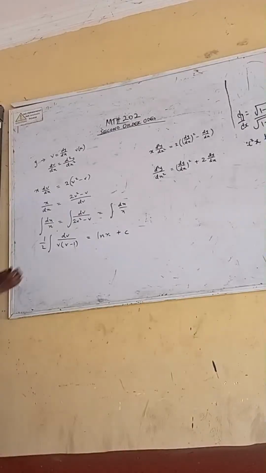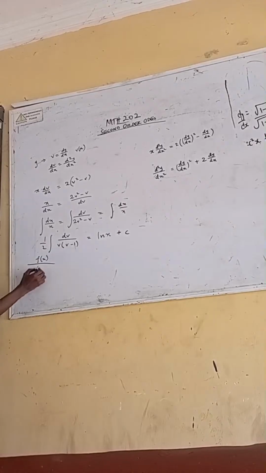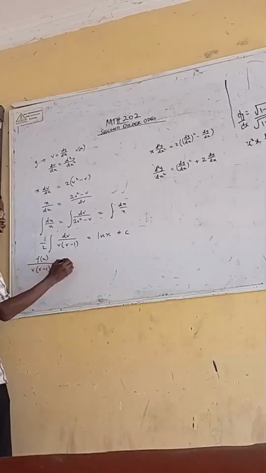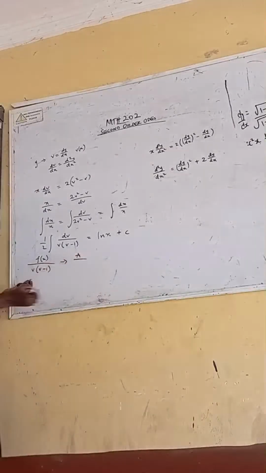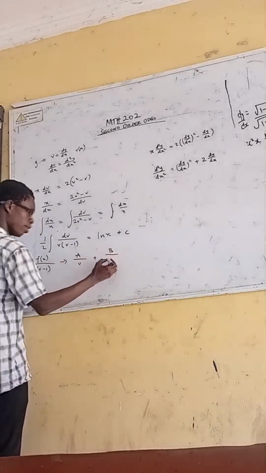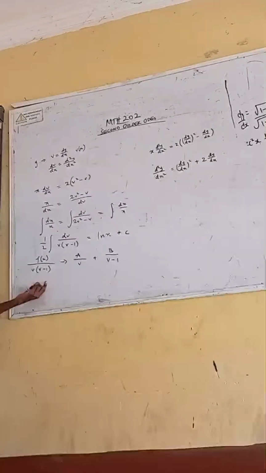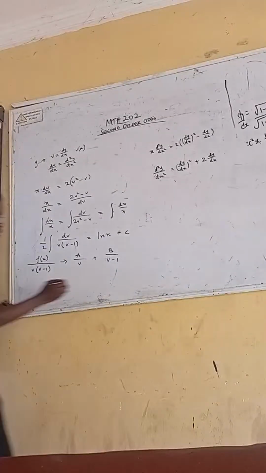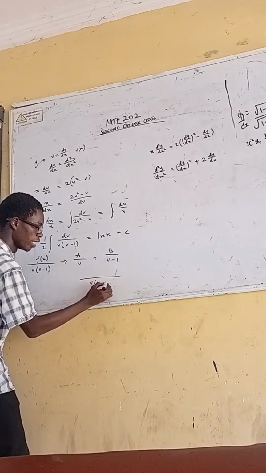A function like f of x over, let's say this one now, V into bracket V minus 1. It is a product. I can separate it into something like A over, pick one of the product, V, plus B over the second, V minus 1. Now let's join this together. V into bracket V minus 1.